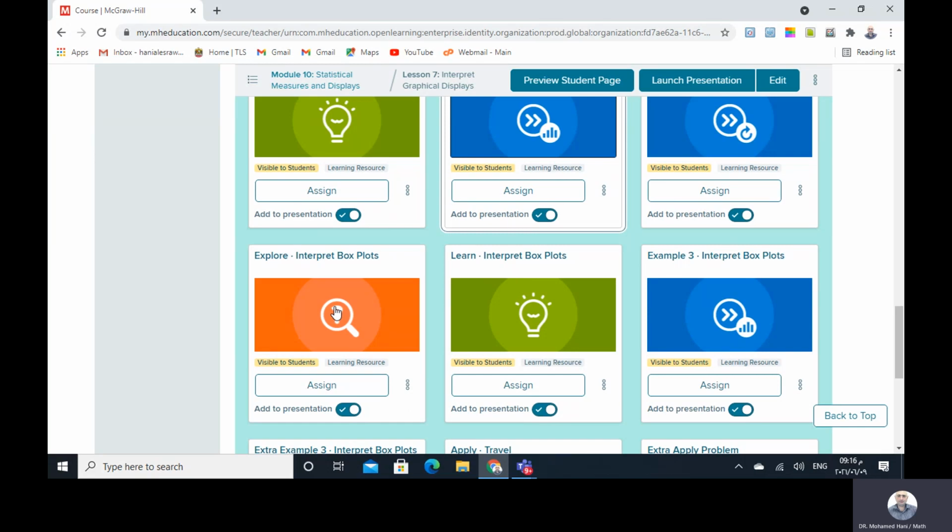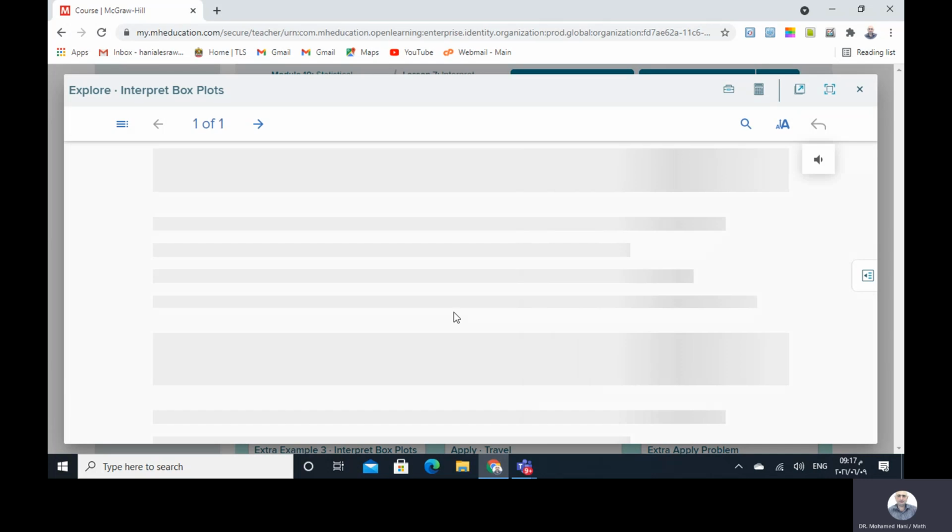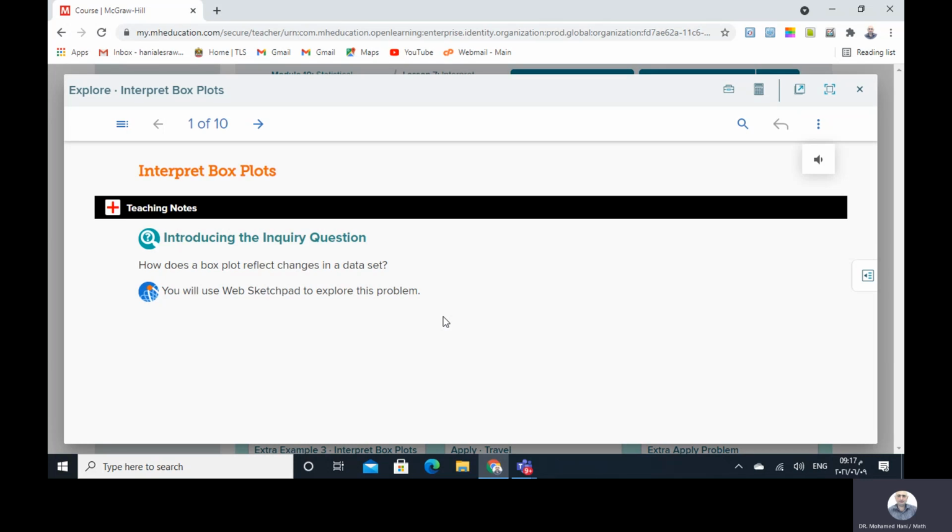The third idea here: interpret box plots. How does a box plot reflect changes in a dataset?